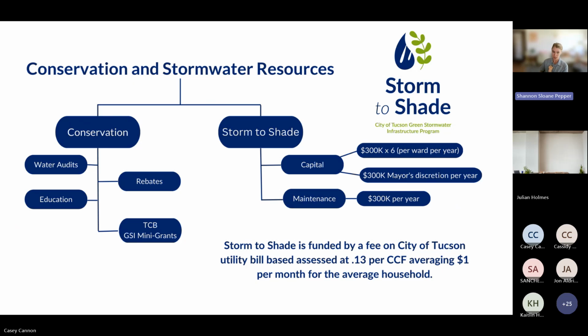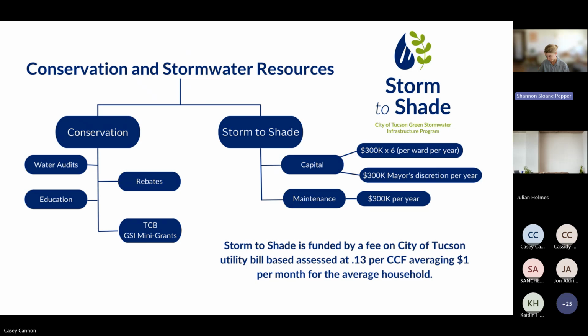And their program budget enables the funds to flow to either capital investment or maintenance investment. So there's not hard lines between capital and maintenance in their funding programs. And also you can see that some of that capital funding is mayor's discretion, which is pretty common for these types of programs as well.